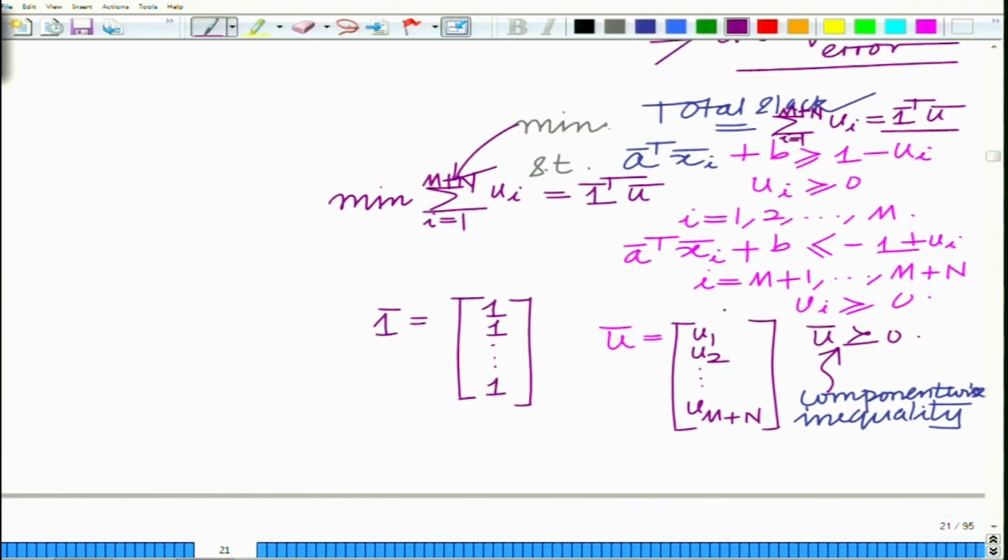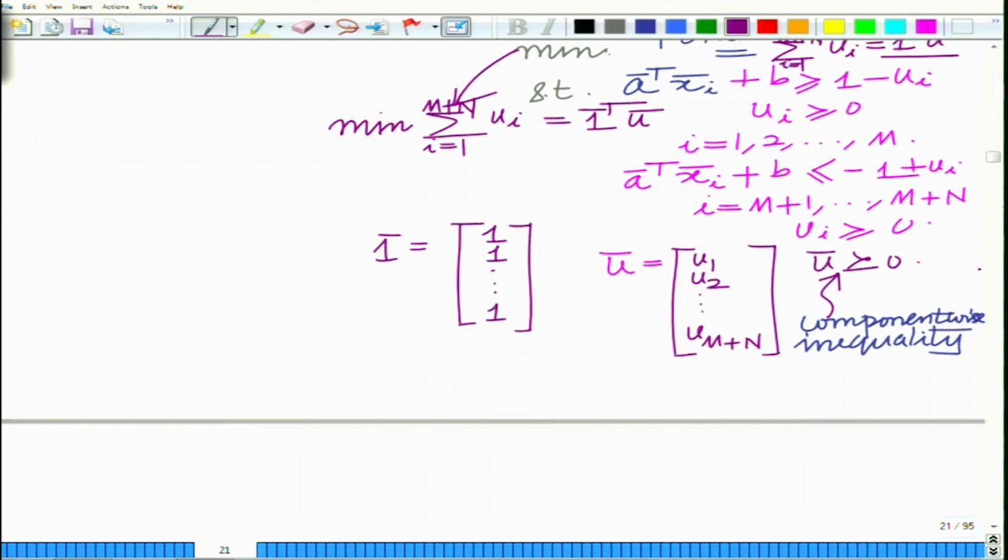Alright, remember each component of u bar, each u_i, is non-negative, that is, u bar is component-wise greater than or equal to 0. So this is basically your approximate classifier, or you can also think of it as the soft margin classifier.